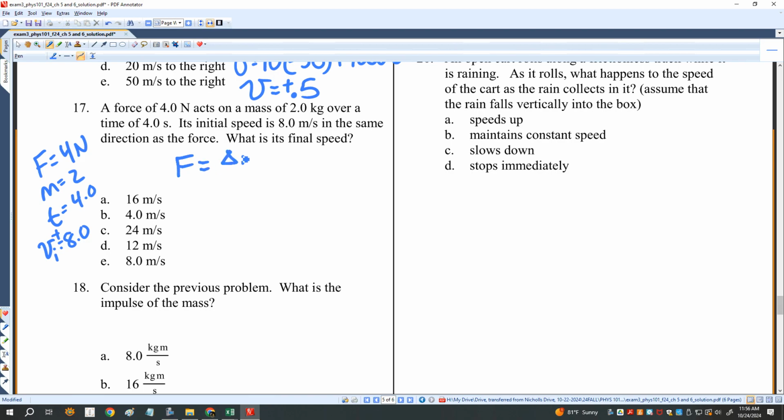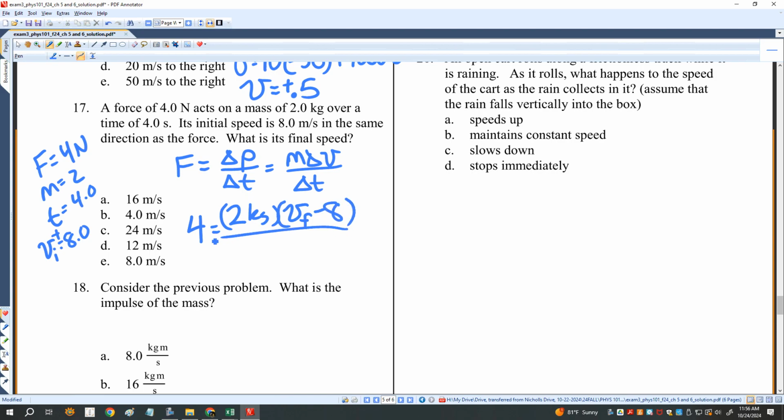Remember, F is equal to delta P over delta T, which is m delta V over T. Here I have 4 is equal to the mass, which is 2 kilograms, times V final minus V initial, which was 8, divided by the time interval, which is 4. And then I solve that. So I have 16 equals 2VF minus 16, or VF equals 16. So A is the right answer for 17.